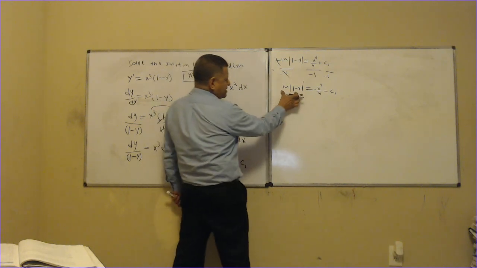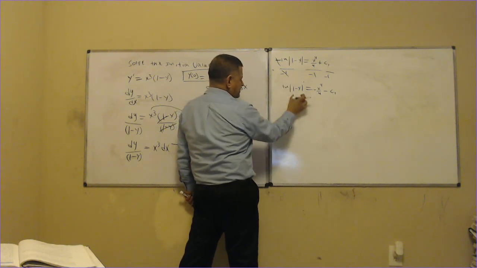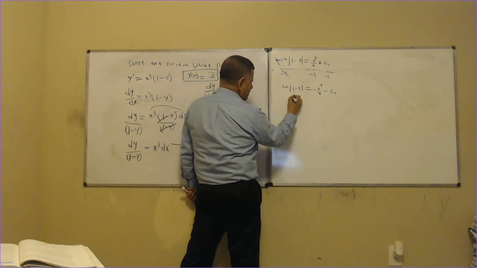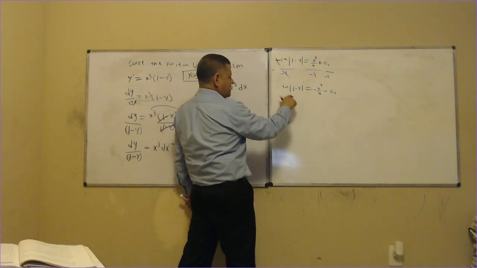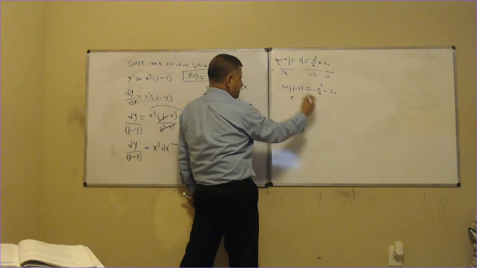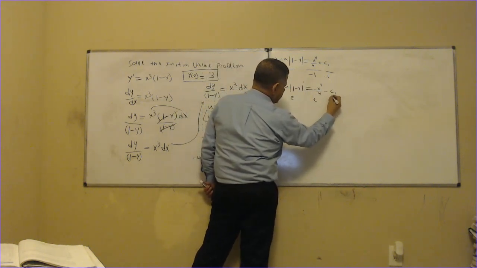I need to solve for y, or at least get rid of this ln for now. How do we get rid of the ln? By taking e to the exponential expression on top, taking e to that.